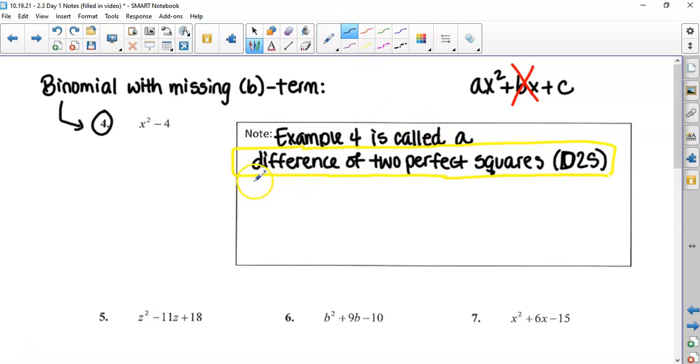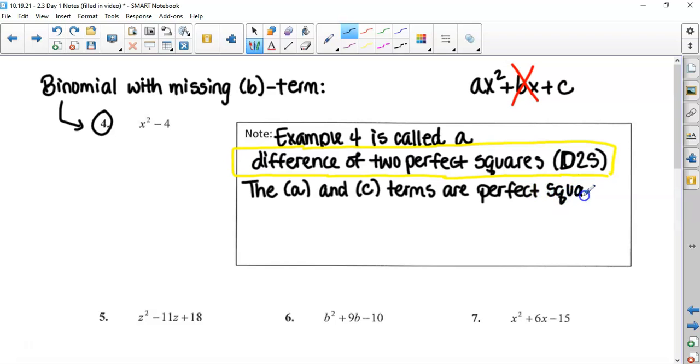What do we mean by that? The A and C terms are perfect squares. What are our perfect squares? Remember, our perfect squares are 1, 4, 9.